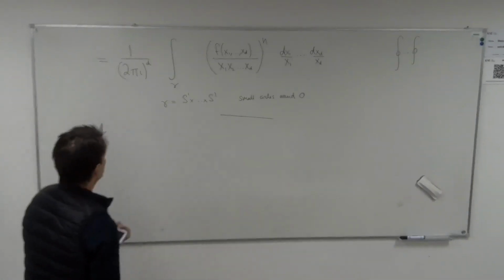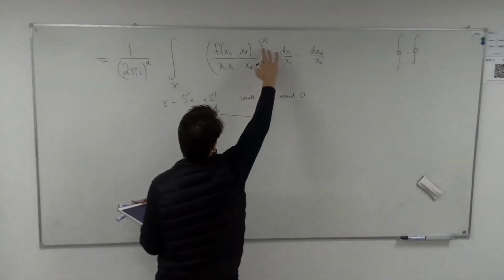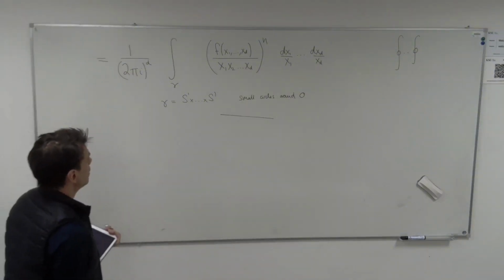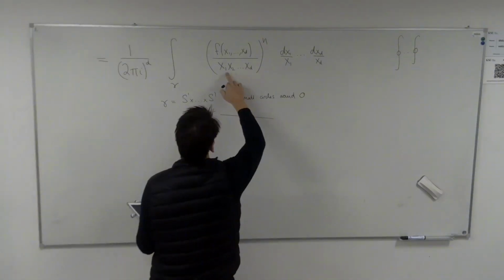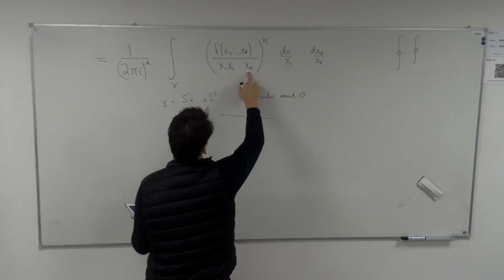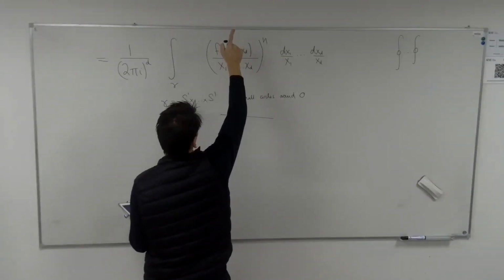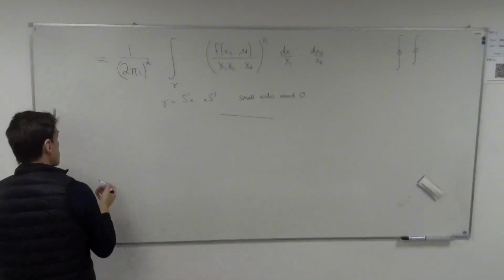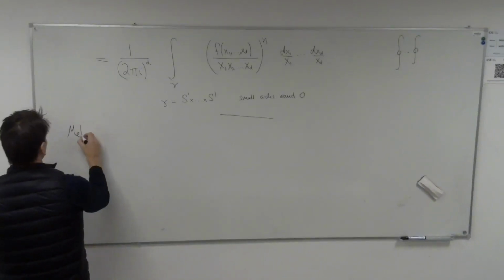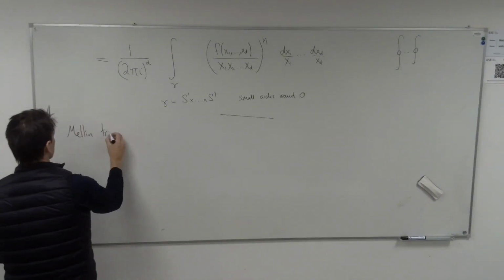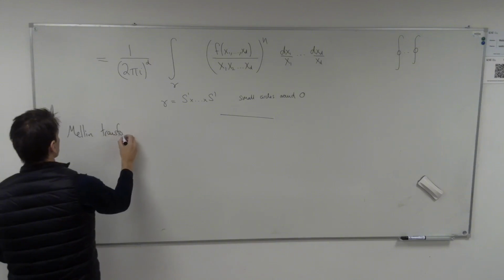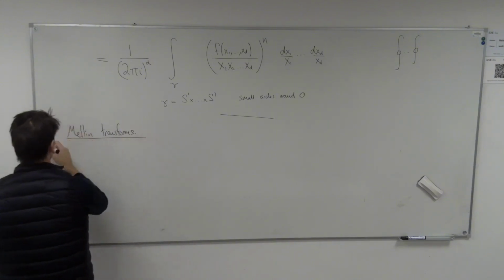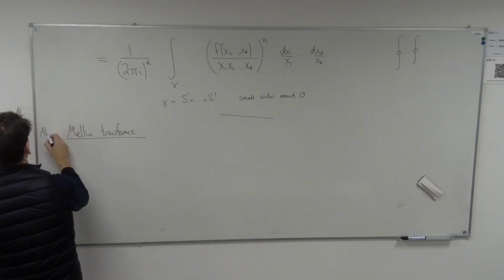So the next thing I want to do is to imagine what happens if n is negative. It doesn't make sense, but if n were negative, what would happen is that these x1 up to xd would be in the numerator, and the f would be in the denominator. And if we did that, we'd get a Mellin transform. These are algebraic Mellin transforms.